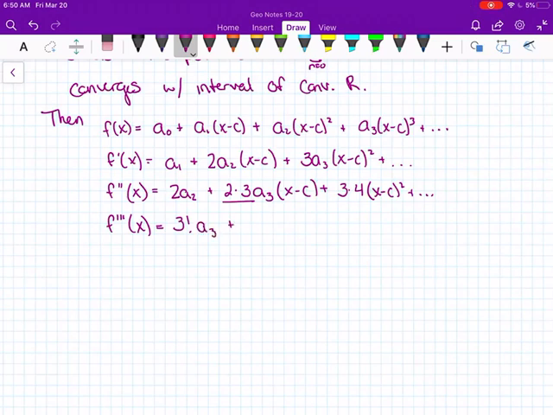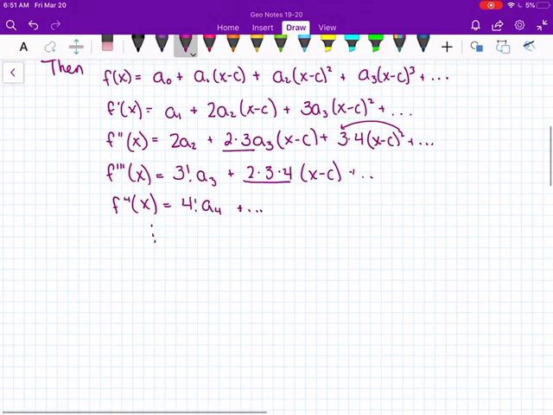And then my next one, I bring down the 2, and so then I get 2 times 3 times 4, times x minus c. And then when I take the fourth derivative, we see that I can rewrite this as 4 factorial a sub 4 plus dot dot dot.